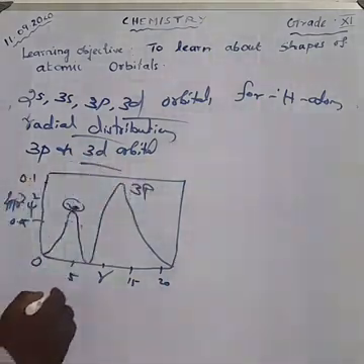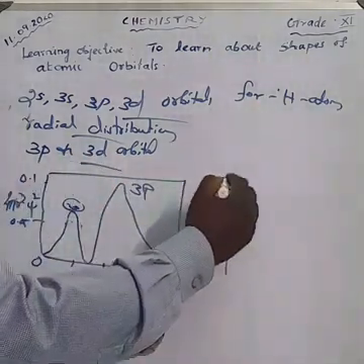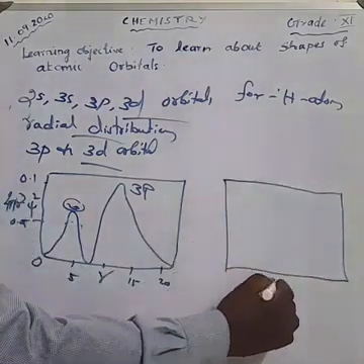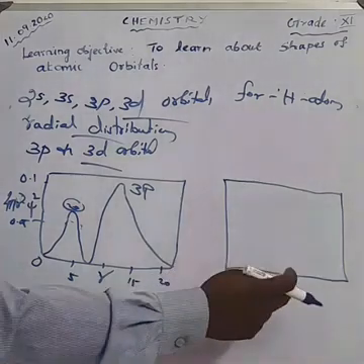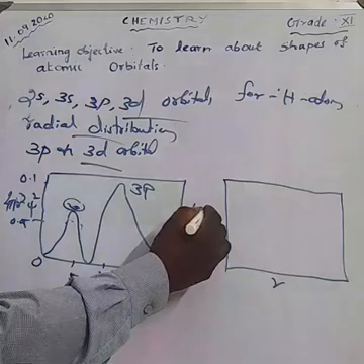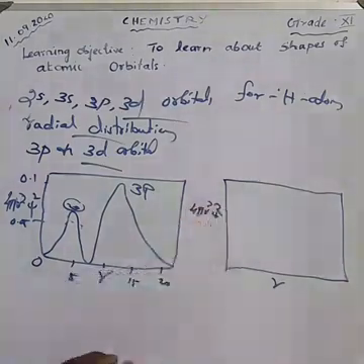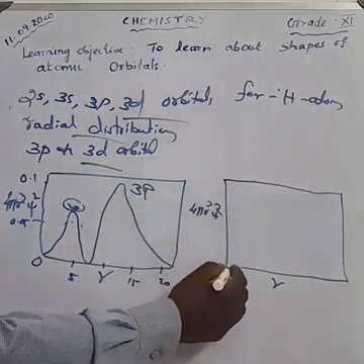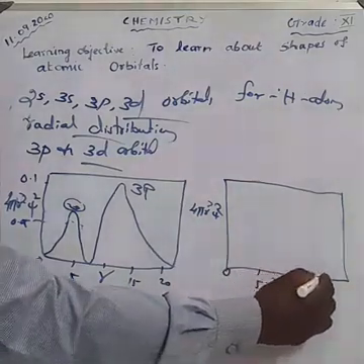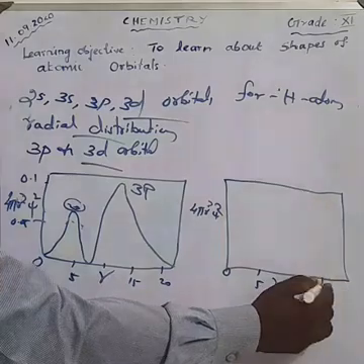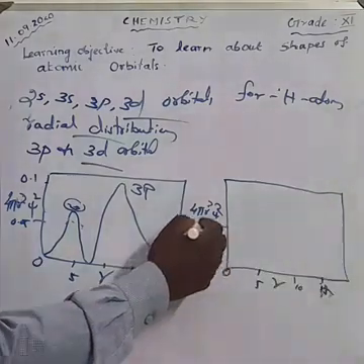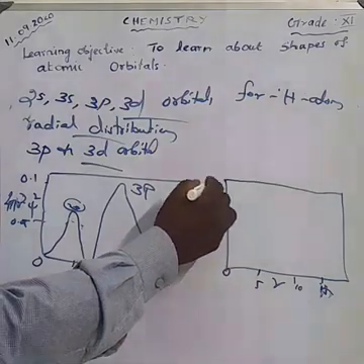About the 3d: we plot versus r on the x-axis and 4πr²ψ² on the y-axis, with the same units 0, 5, 10, 15, 20 and 0.05, 0.1.